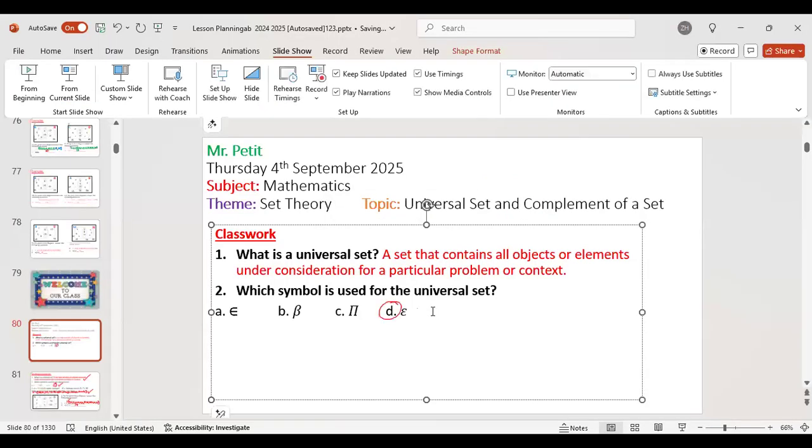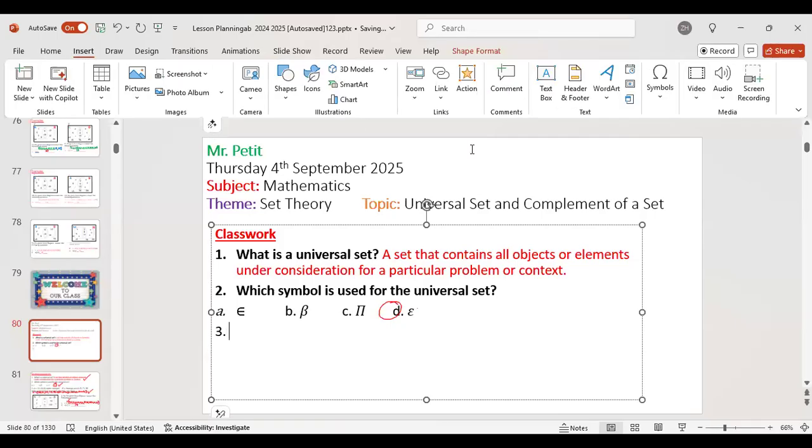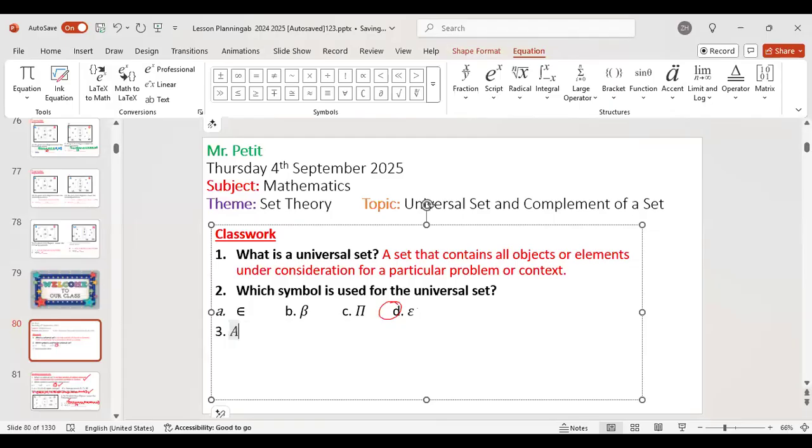Number 3. Let's say we have the set A, which is equal to 21, 24, 20, apple, orange.